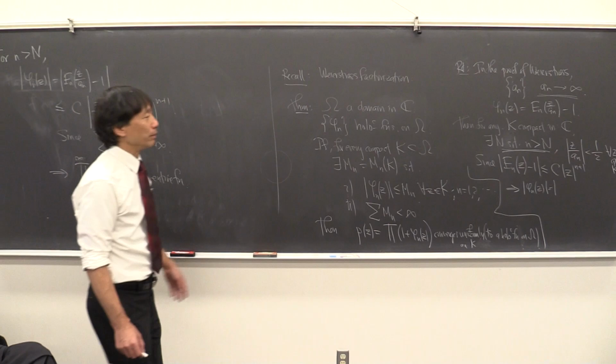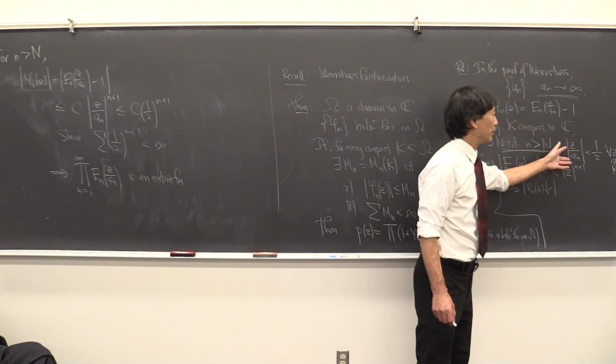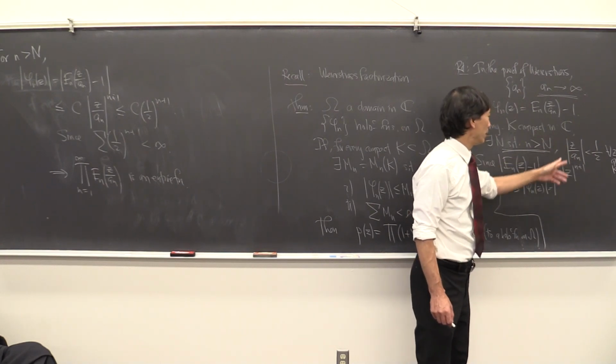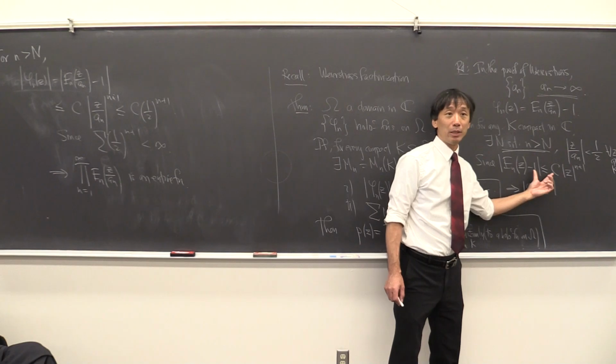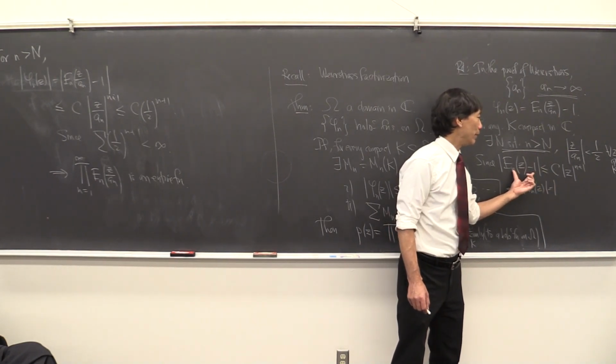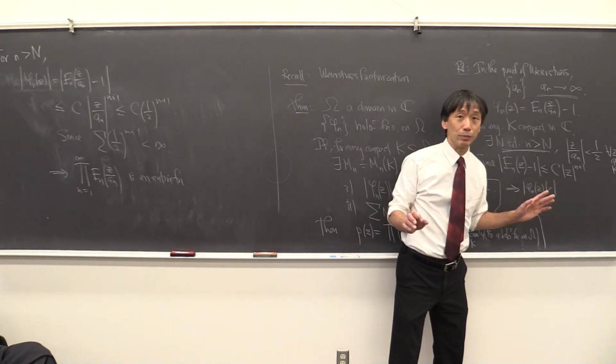We said that if you have any compact set, then you can get this thing smaller than a half, and then you just use the bound that we got on the distance of the factors from 1, and that gives it immediately. So that was Weierstrass.